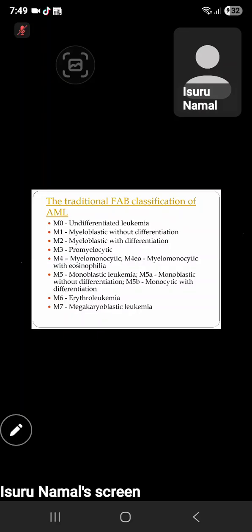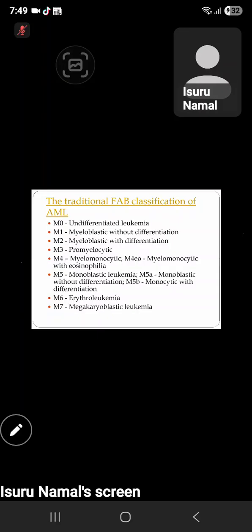AML-M5 is divided into two categories, M5A and M5B. M5A means monoblastic with differentiation. That means in the blood smear you can see a major population of monoblasts with minor populations of monocytes and other mature cells. Then M5B, you can see a major population of mature monocytes with a minor population of monoblasts.